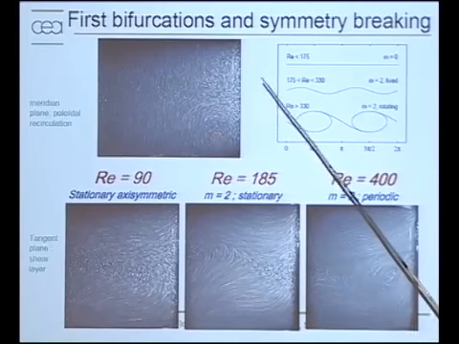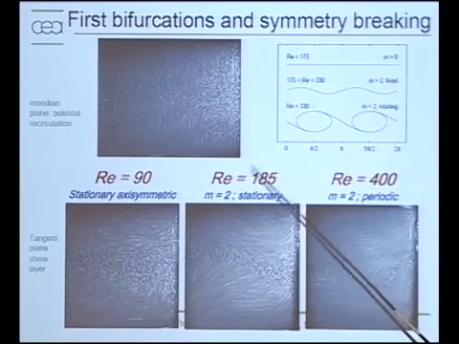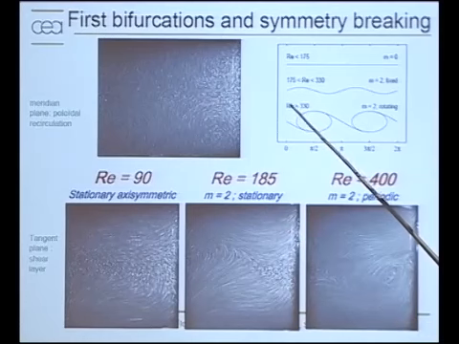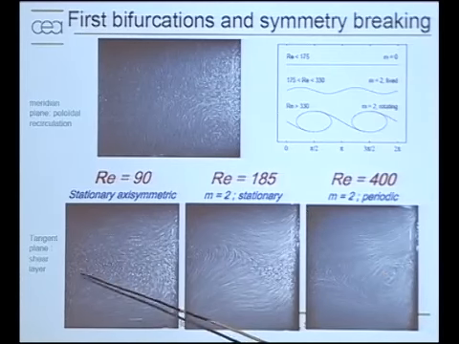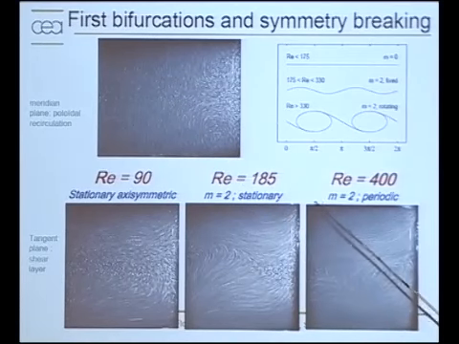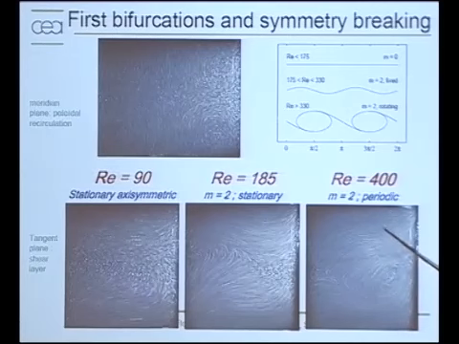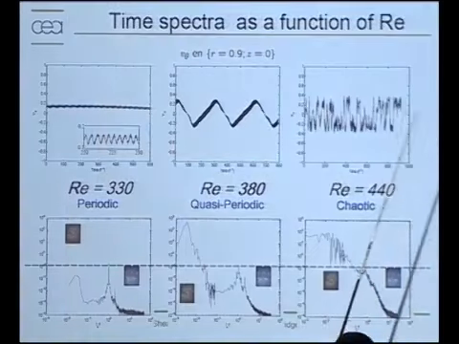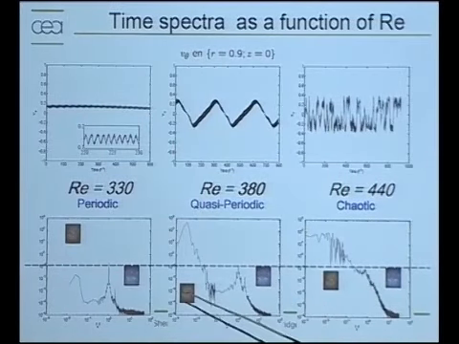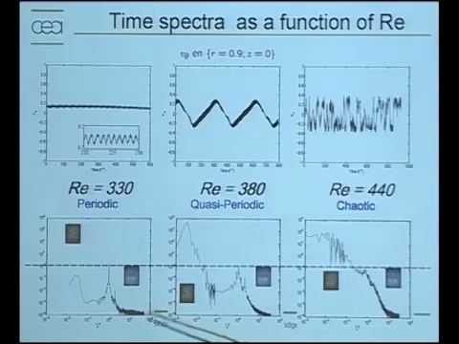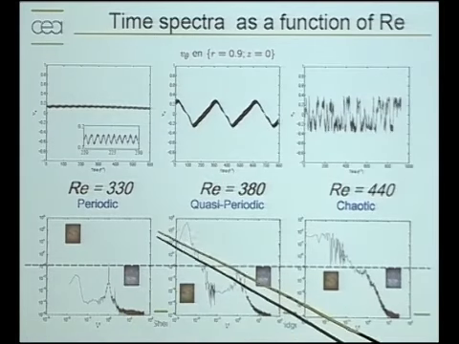Okay, what are the first bifurcations and symmetry breakings you can observe in the flow? First, for very small Reynolds number, you get a perfectly symmetric and stationary flow. Then when you increase your Reynolds number, you get an m equal 2 mode, again stationary. This is in the tangent plane of the cylinder, and this is in the meridional plane. When you increase again, around a Reynolds number of 400, you get an m equal 2 flow which is now periodic.